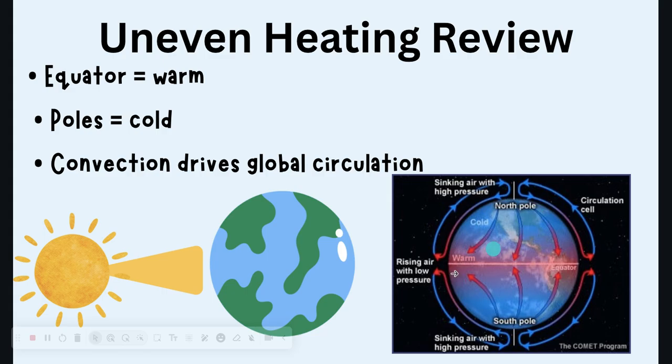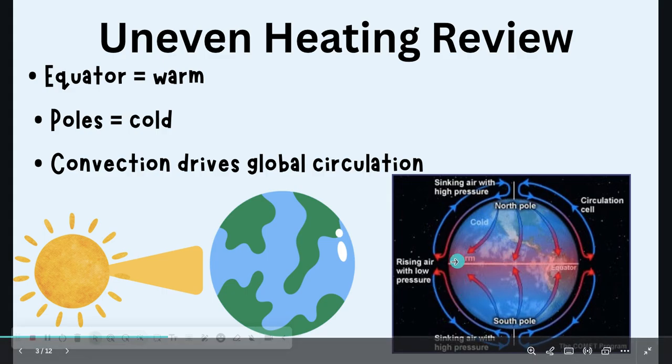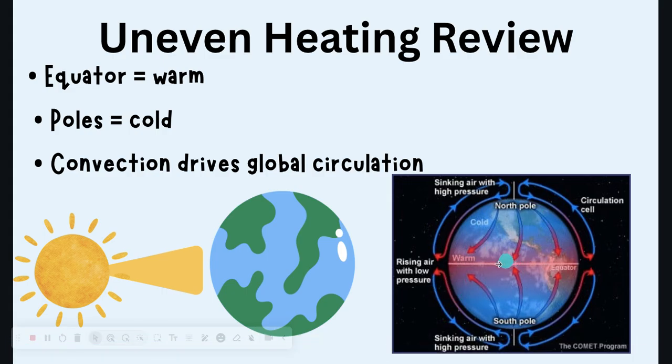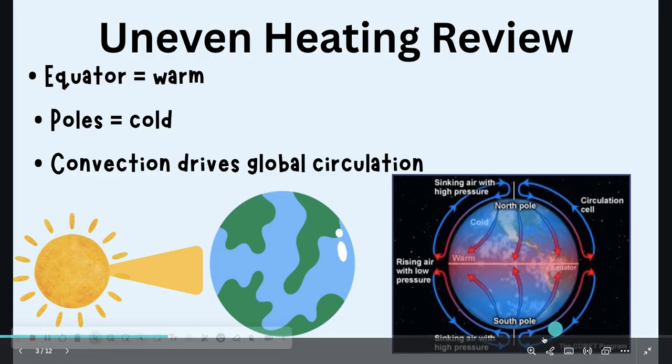So if you look at this picture here, you have your warm air here, and as it rises, it goes towards the poles, and then at the poles, it gets cold, and then that starts to sink. And then it's the opposite direction here. Your hot air goes up, but up is actually this way, and then the cold air sinks.